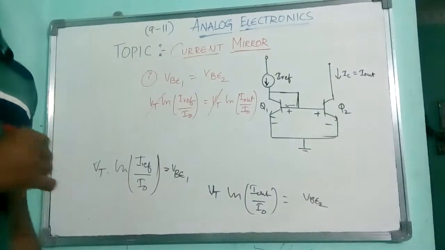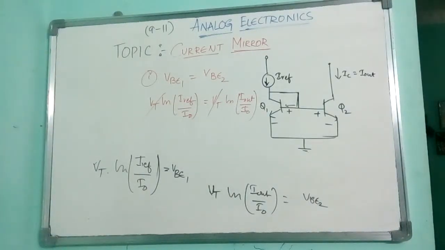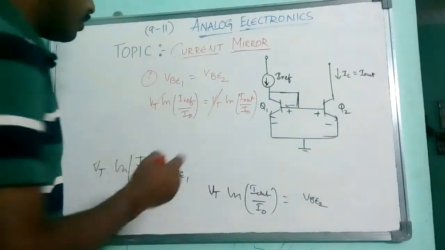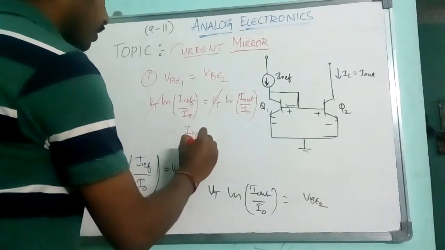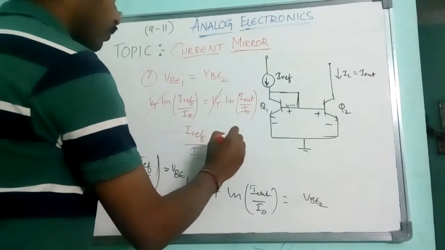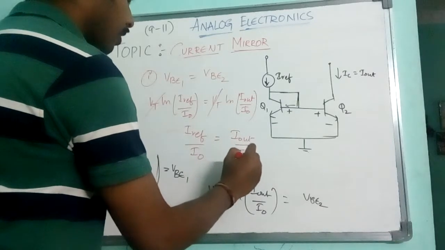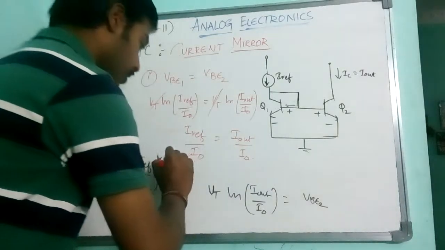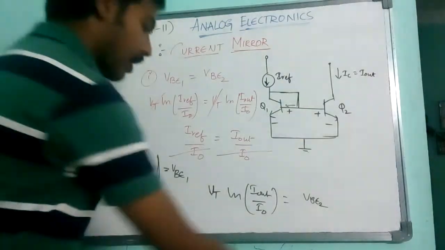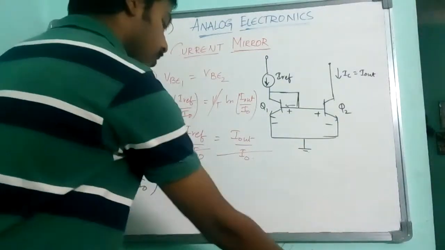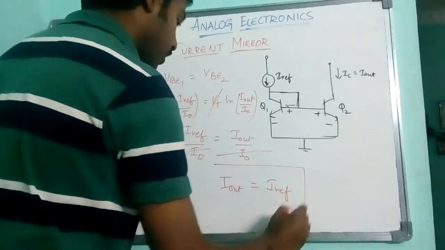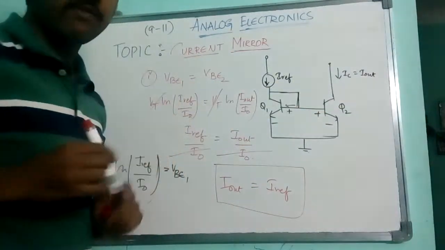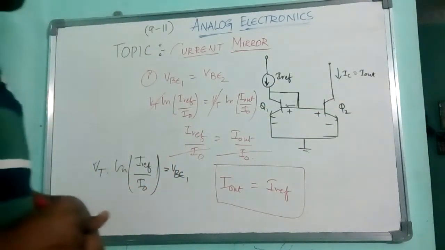VT is cancelled. After that, logarithm is cancelled again. What I get is I reference by I naught equal to I out by I naught. Ultimately I am landing at I out equal to I reference. This is the important thing. I out is the same as I reference. This is the current mirror equation, that's it.